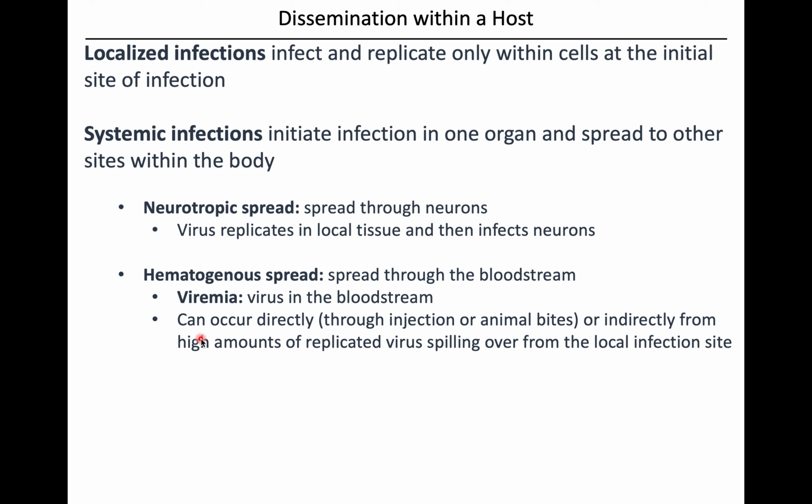And so a viremia, that hematogenous spread, could occur directly if the virus gained entry, maybe through injection or through an animal bite into the bloodstream, or it could be indirect, as we were just discussing with neurotropic spread, where the virus replicates locally, but then just accumulates to such high amounts that it finds its way into the bloodstream. That would be more typical.